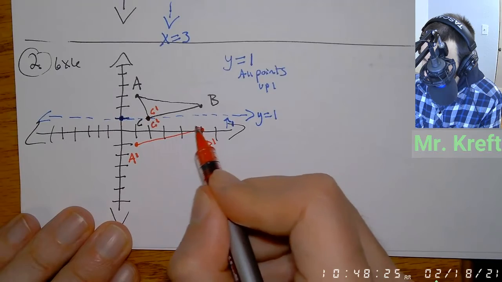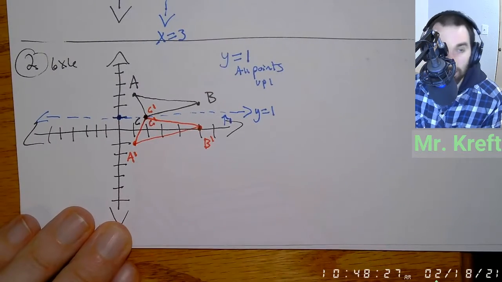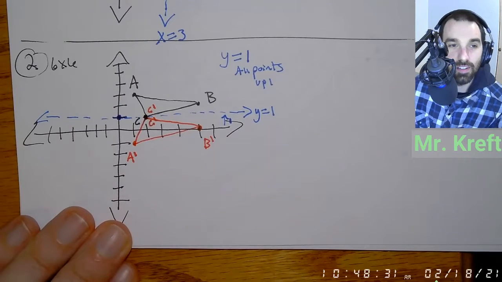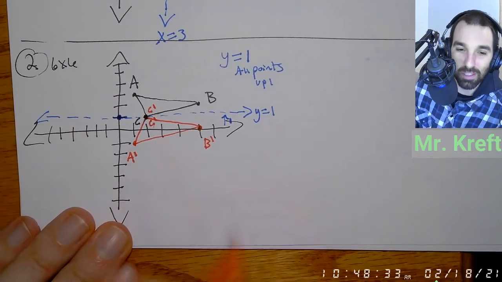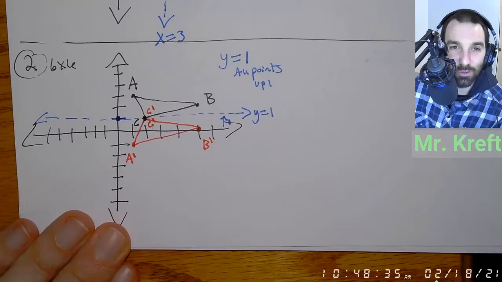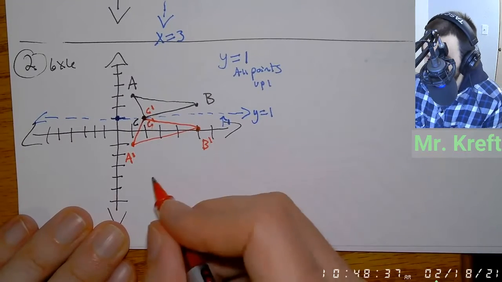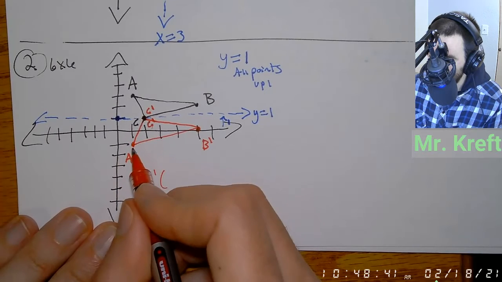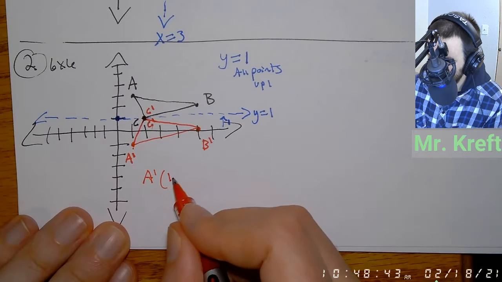And if I connect that, you guys can see the reflection, right? Can you see like it just flips over like that? Now, the red one looks a little bit bigger because my coordinate system isn't great, but you get the idea. And what it allows us to do is find the coordinates. So A prime is to the right 1, down 1.